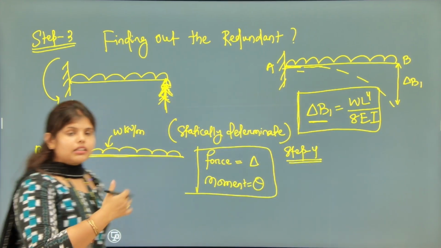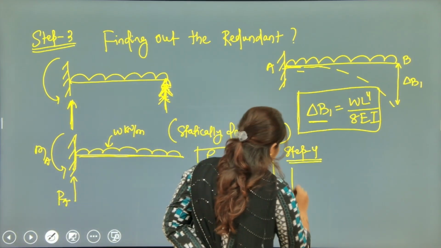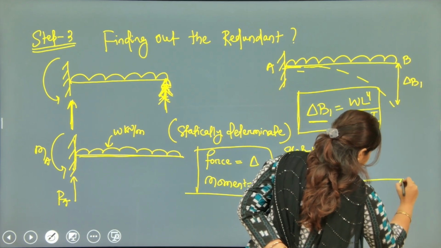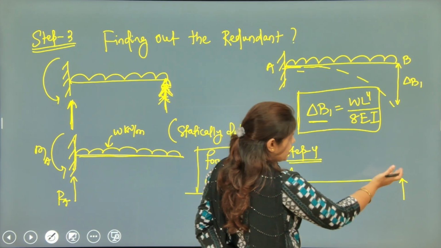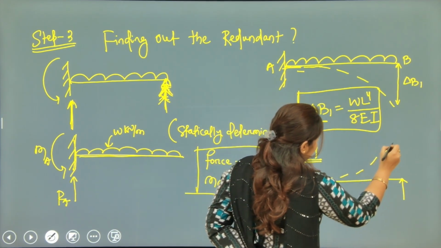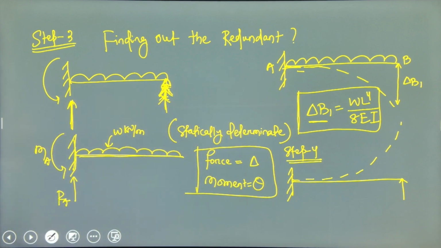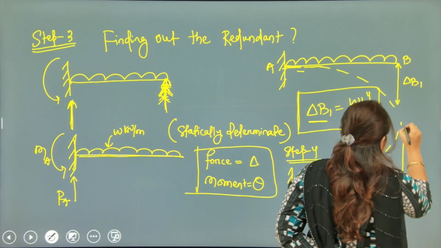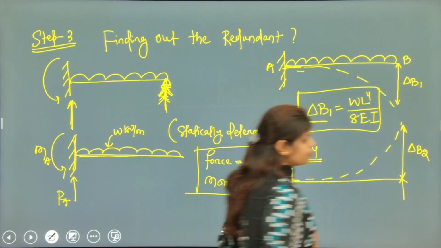we will cancel the external load and put in the redundant. As the direction changes, the deflection also changes. You can see here, this will become like this. This deflection, let's name it delta B2.